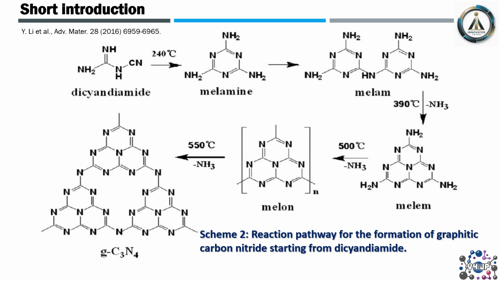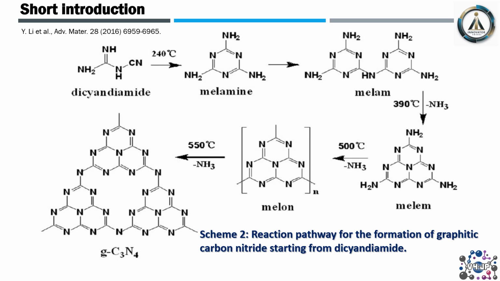A variety of physical and chemical methods have been employed to achieve graphitic carbon nitride material, including the sol-gel method, hydrothermal, or solvothermal. But we could say that these methods are time-consuming, expensive, and require several stages to be completed, as well as the use of specific equipment.